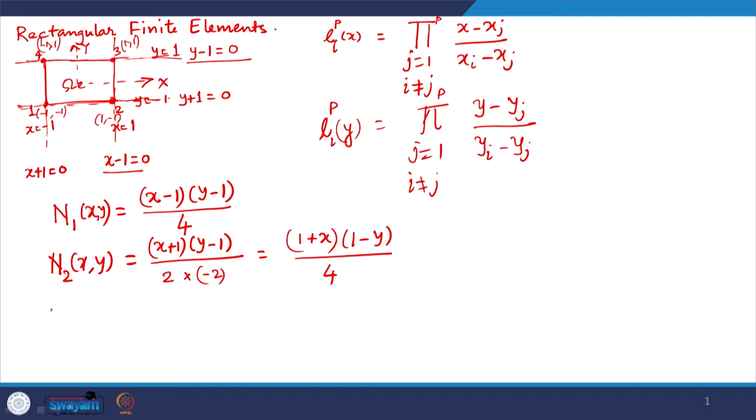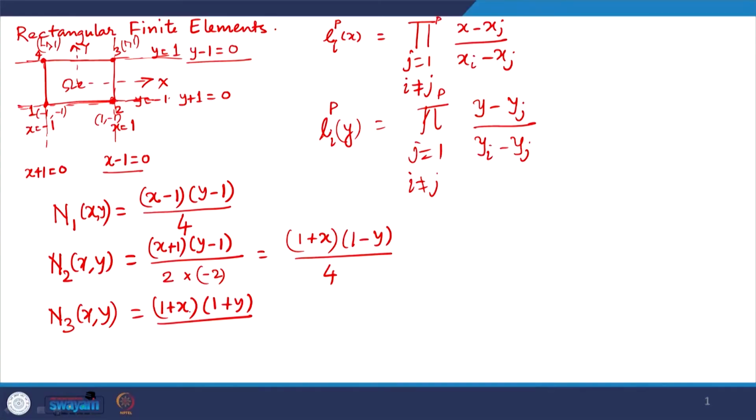And similarly, extending this, we can have the interpolation function for the third node. So, for the third node I need to multiply the equation of line 1 2 and the equation of line 1 4, and that would be 1 plus x multiplied by 1 plus y and divided by this numerator evaluated at node 3, and node 3 coordinates are x is equal to 1 and y is equal to 1. So, that evaluates to 2 multiplied by 2.